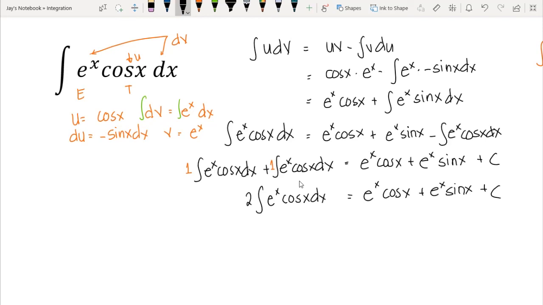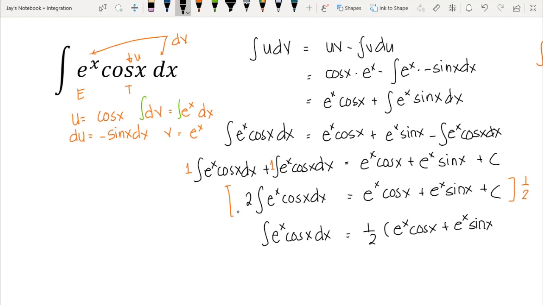So we divide both sides by 2. We have the integration of e^x cosine x dx is equal to 1/2 times e raised to x cosine x plus e raised to x sine x plus c.